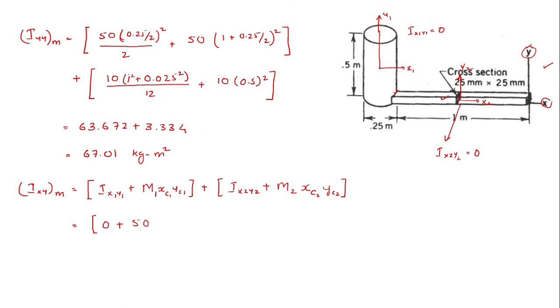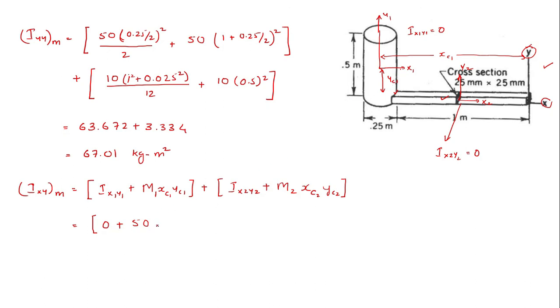Okay, so with respect to this reference frame here, xc1 will be negative. This corresponding distance is xc1 here, and yc1 is this corresponding distance.